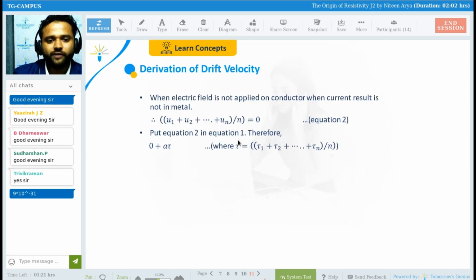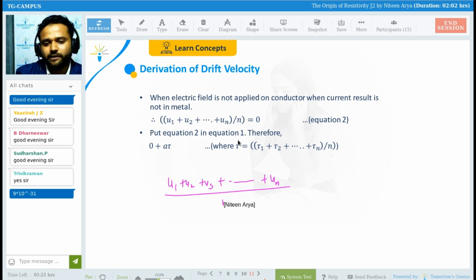Clear? Now one thing: this summation u1 plus u2 plus un, divided by n, is going to be 0. Why so? And tau is tau1 plus tau2 plus tau3, and this is your average relaxation time. This u1 plus u2 plus u3 plus dot dot dot plus un divided by n is going to be 0. Now anyone tell me why?